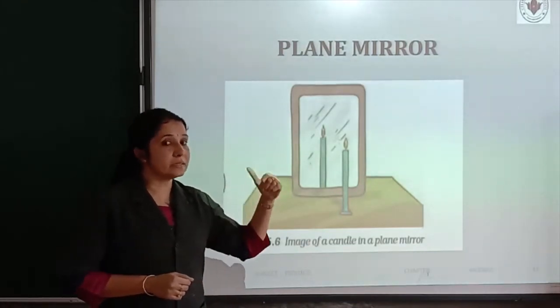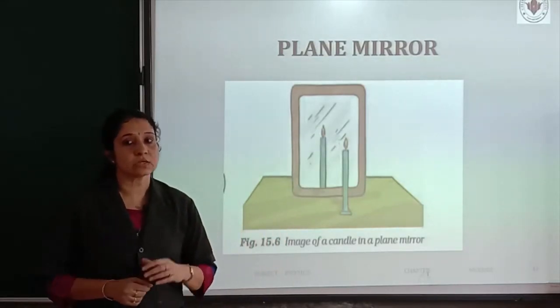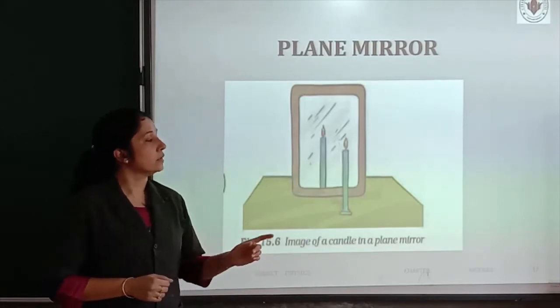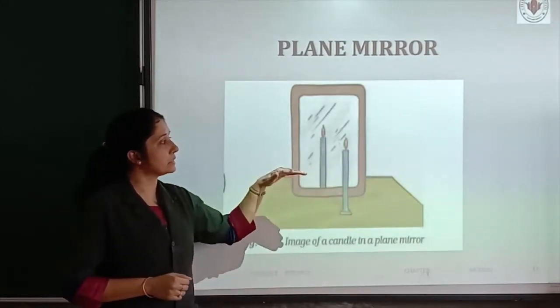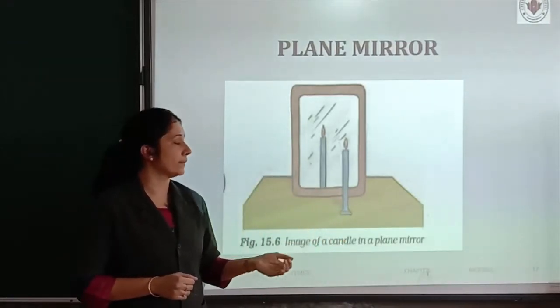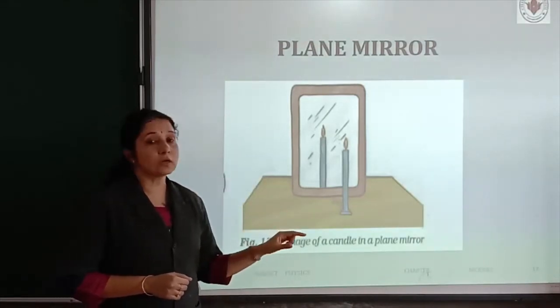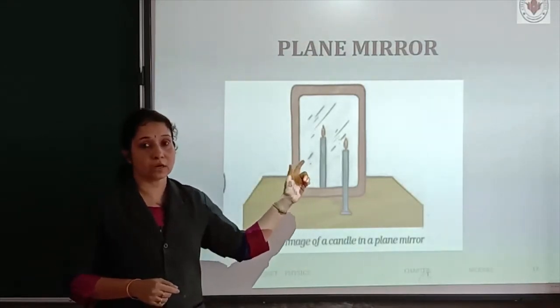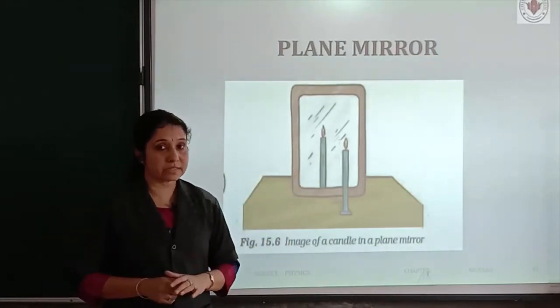And what you see inside the mirror is called the image. So we have two terms, object and image. The object is something which is placed in front of the mirror, and the image is something which is formed out of reflection of light. And from this you also understand that the size of the object and the size of the image are the same. The object and image are of the same size.